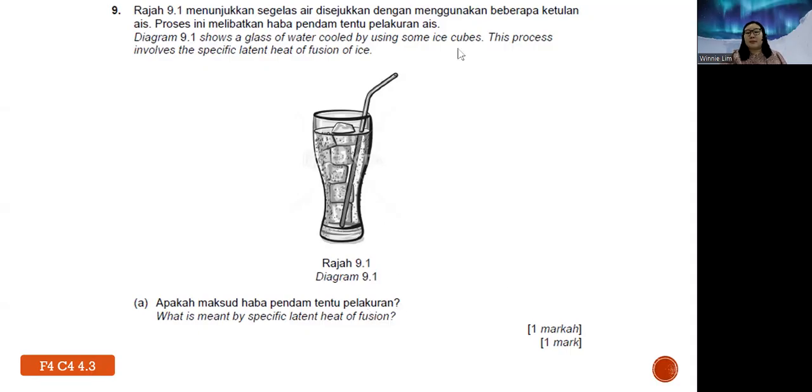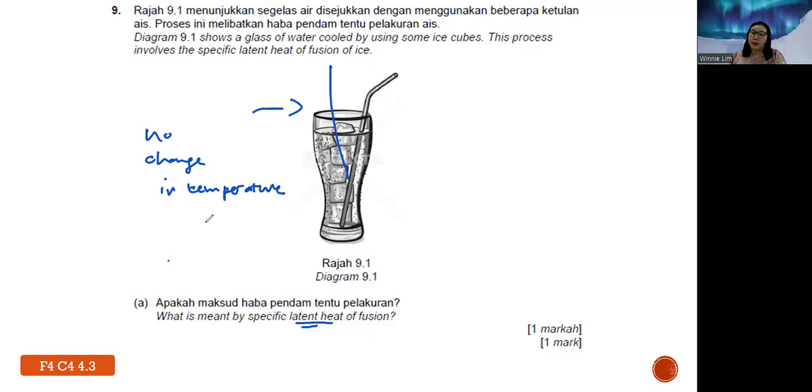So in general, the term latent heat itself means the hidden heat. How come they have this idea is because when you put a thermometer inside the drink, you will notice that there is no change in the reading, no change in temperature, during the process like melting, boiling, all this.